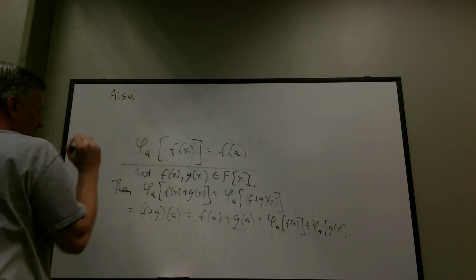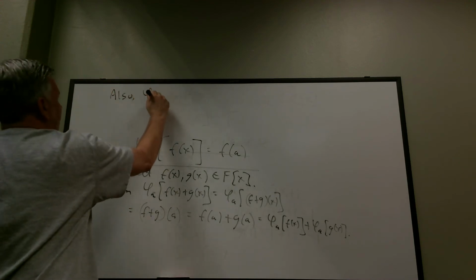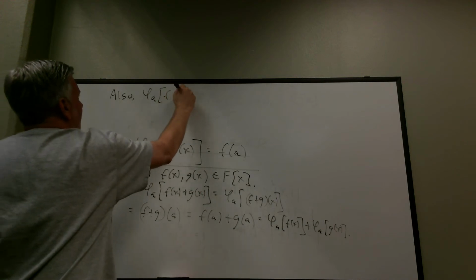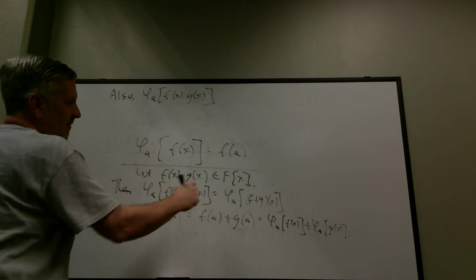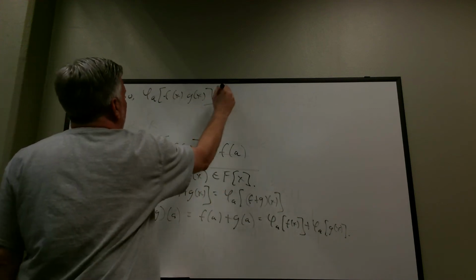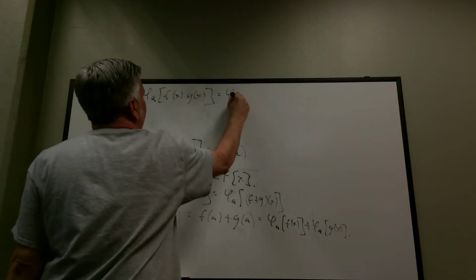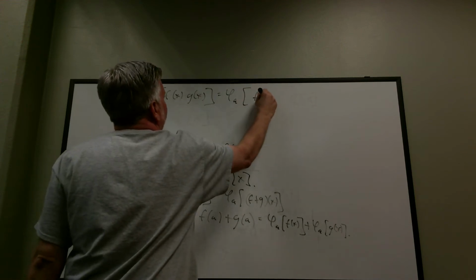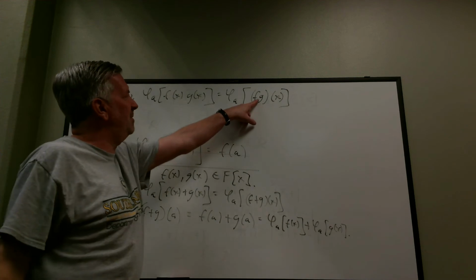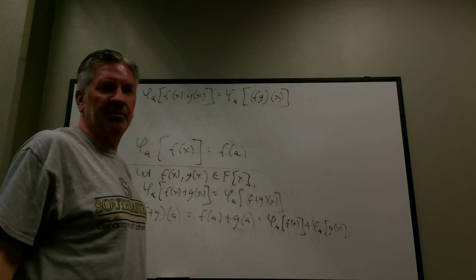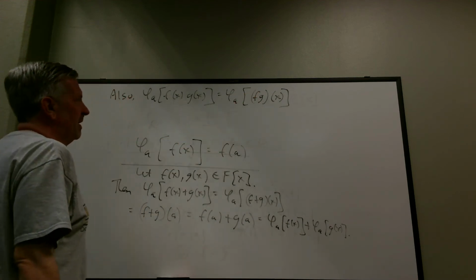Okay, so I'm continuing on here. Also, we have to do this for multiplication. Phi sub A of f of x times g of x. Well, I'm going to do pretty much the exact same thing I did here. What's the definition of the product of two functions? That's (fg) of x. Notice this isn't composition, this is multiplication. I didn't put the circle there to indicate composition. That means multiplication.